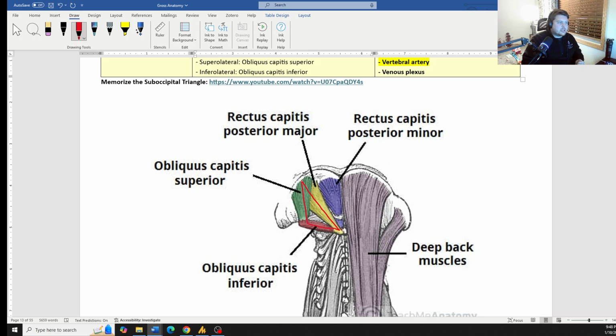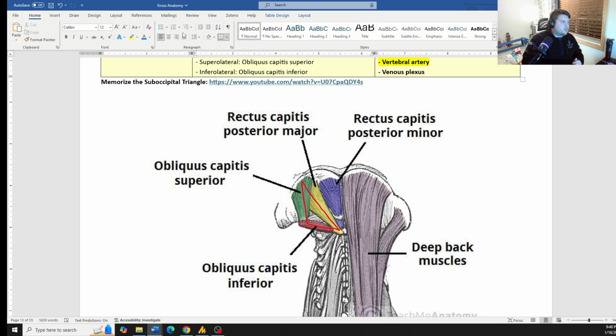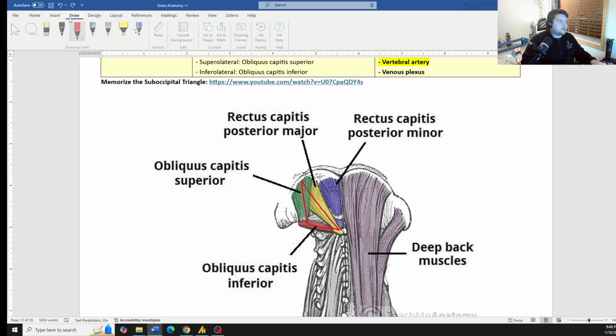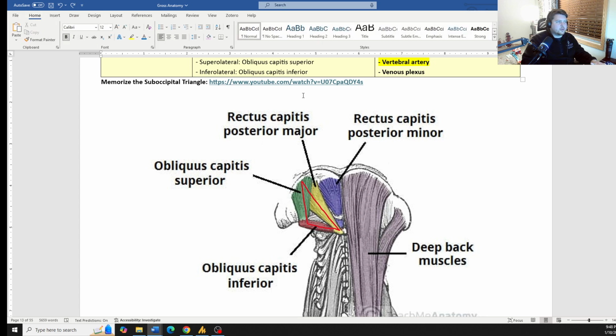The question that you're going to get asked every single time is which of the muscles does not make up the suboccipital triangle? Which of the following muscles does not make up the suboccipital triangle?